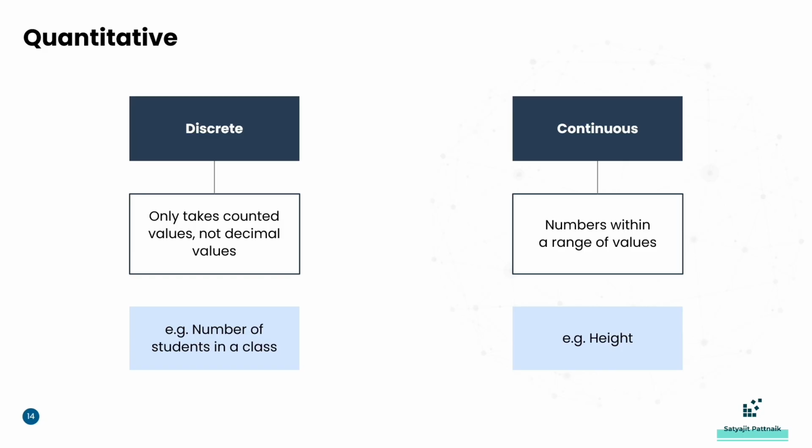Talking about quantitative data, quantitative data is again of two types: discrete and continuous. Discrete only takes counted values, not decimal values. For example, the number of students in a class. Similarly, continuous is nothing but numbers within a range of values, let's say height.